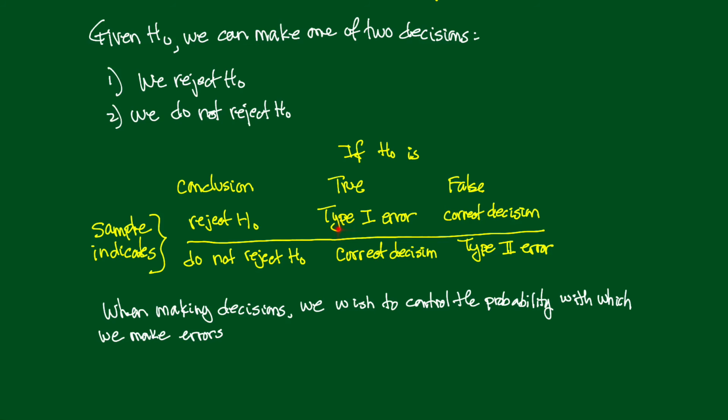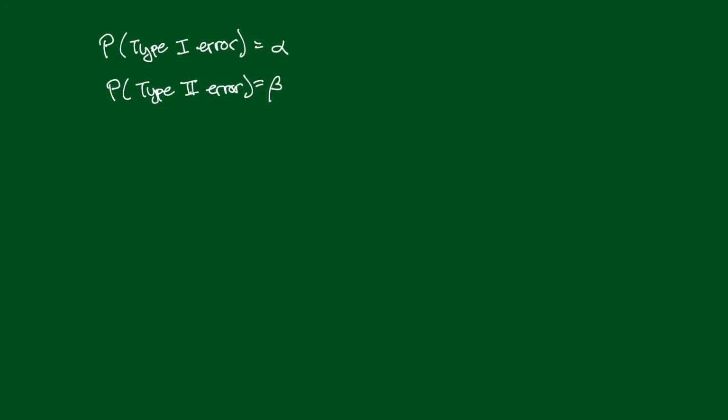So we want that probability to be low. We're going to call that probability alpha. This is the lowercase Greek letter alpha. And the probability of a type 2 error is going to be beta. That's the Greek letter beta.